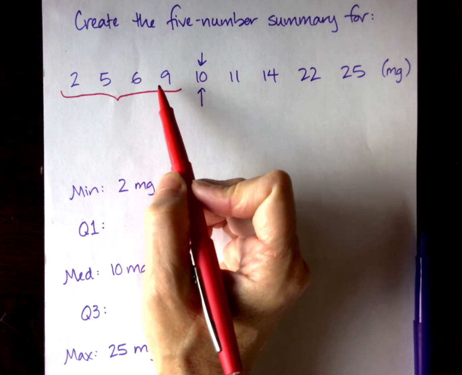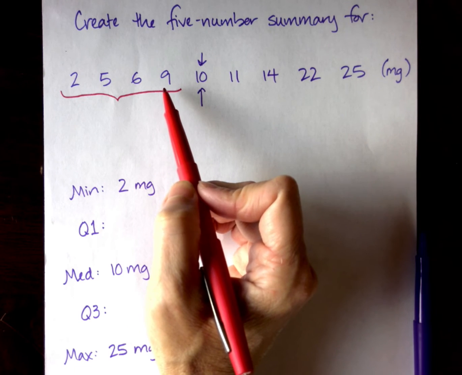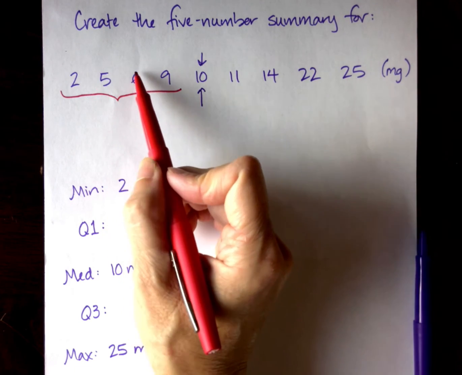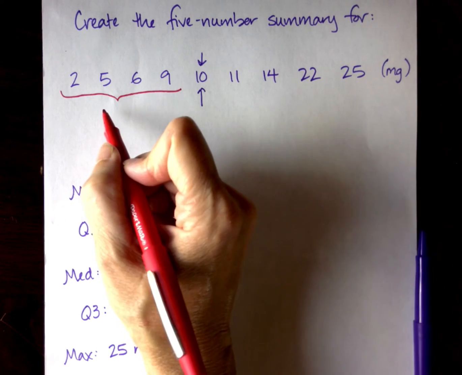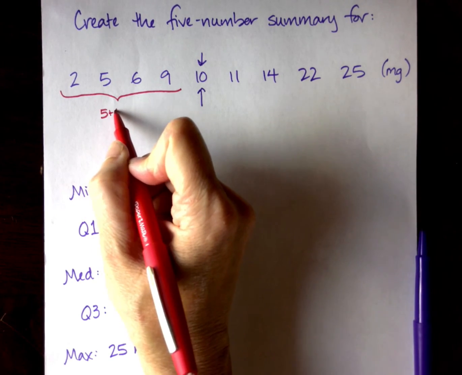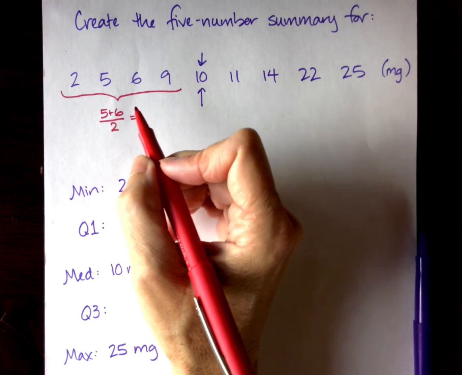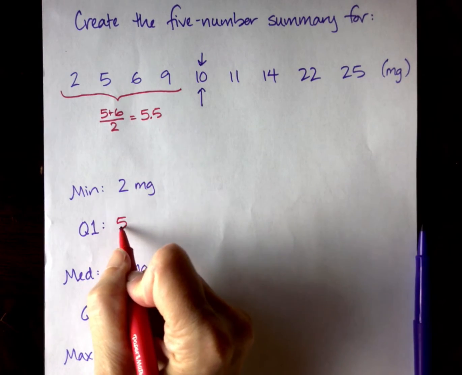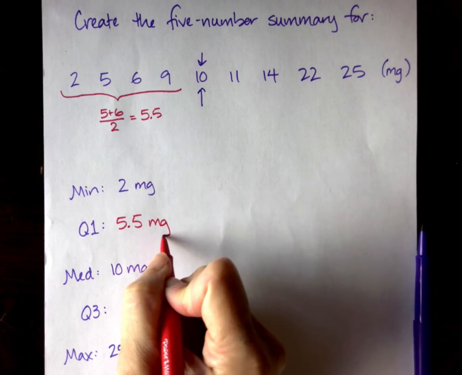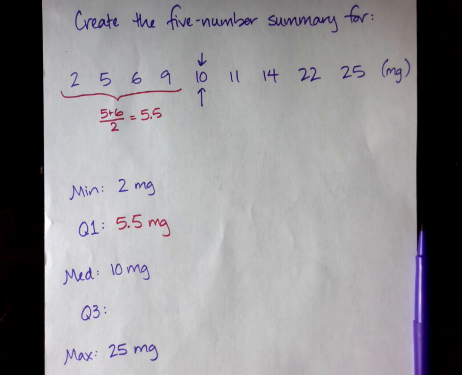Because there are an even number of data points below the median, we will find the 2 in the center of the list, and we will find their average. So you could do 5 plus 6, take that answer and divide it by 2. That will give us 5.5 for Q1, 5.5 milligrams. It is the median of the 2 data points that are in the center of that list.